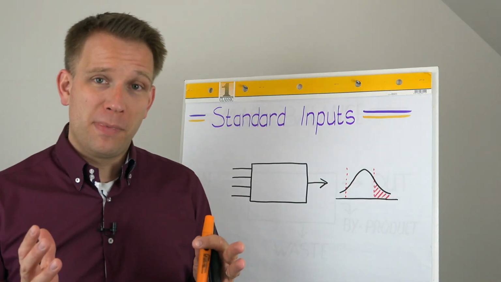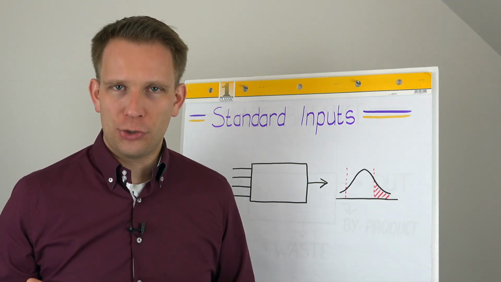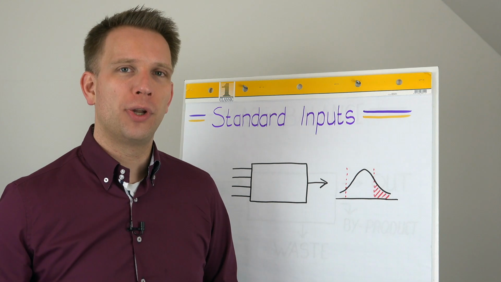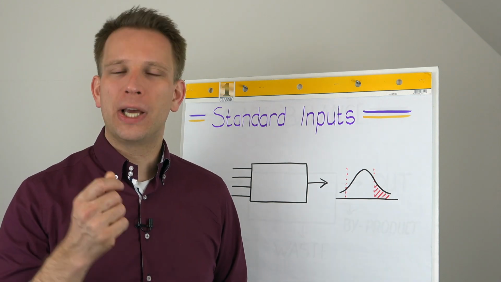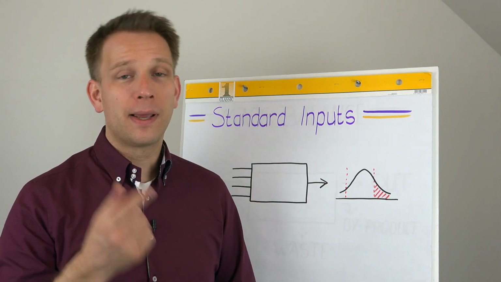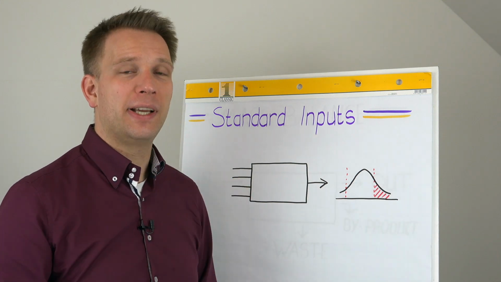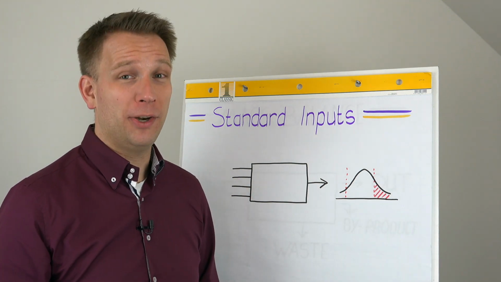Now, from a client and even from an organizational standpoint, this is logical. This is the result that you want. But this way, we are not guiding the operator and the process how to achieve it. And as continuous improvement specialists, achieving that desired output is what puts our bread on the table.